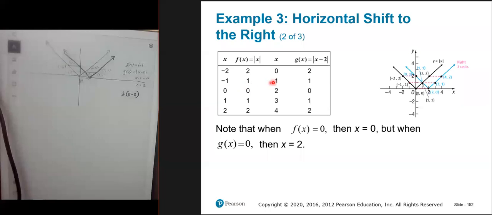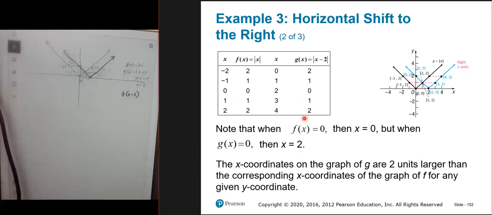Negative 1 got changed to positive 1, and this 1 got dragged over to the new place. This 0 became 2, but this 0 stayed 0. This 1 became 3, but this 1 remained 1. Okay, so that's what's happening. I'm just adding 2 to the x values, and the y values remain the same. The x coordinates on the graph of g are 2 units larger than the corresponding x coordinates on the graph of f for any given y coordinate.